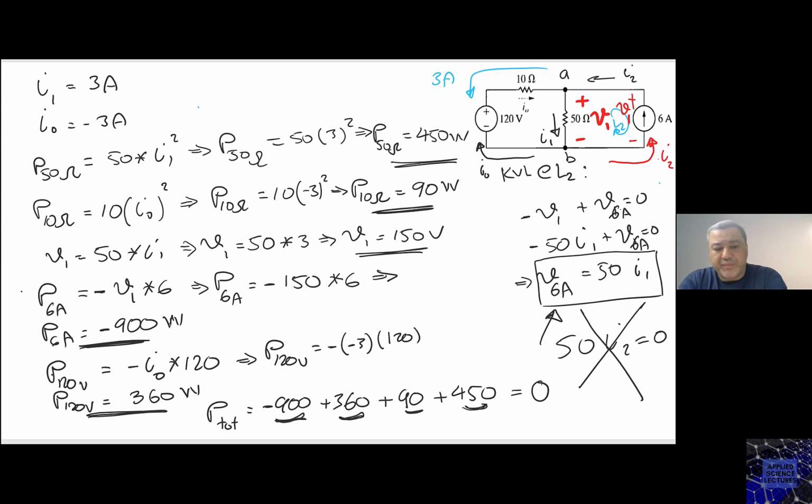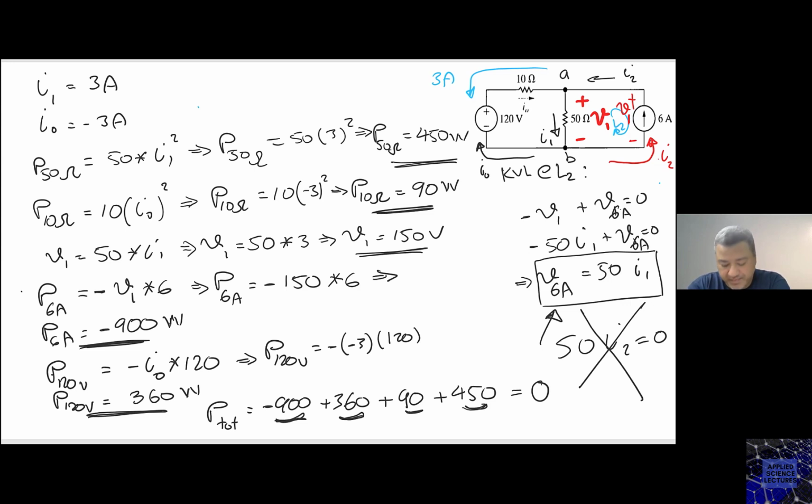I think this problem reviewed all the KVL, KCL, how to apply them, the definition of the supplied power, absorbed power, the conservation of energy, total supplied equals total absorbed. So it's a very good question with a simple circuit, but still managed to cover all those topics that we have talked about. Any question?